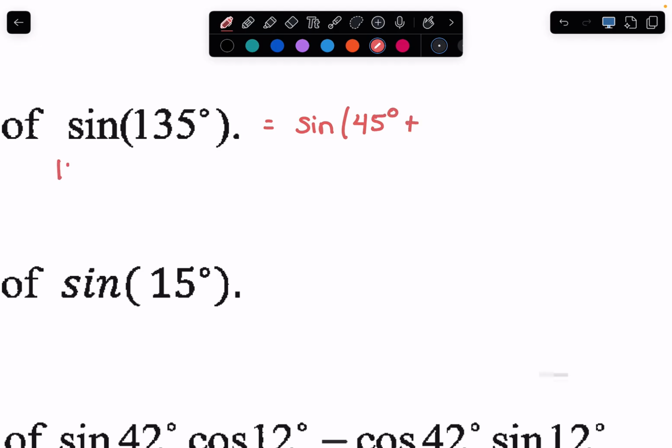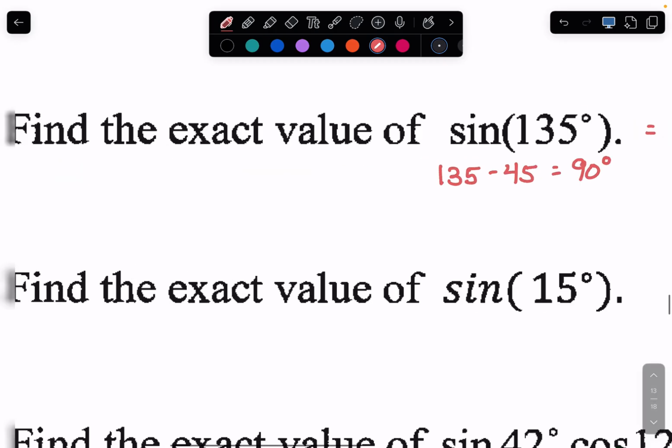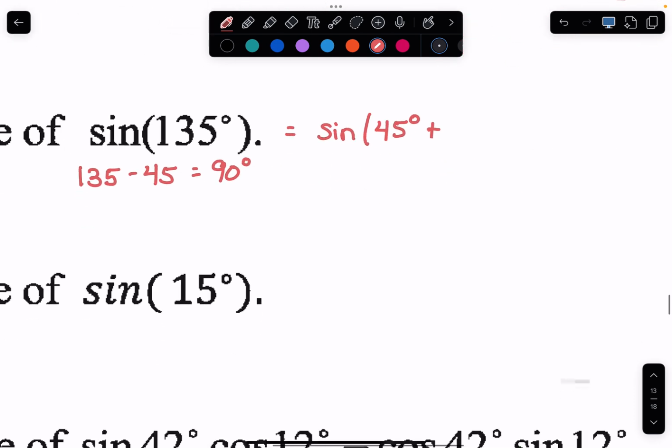So 135 minus 45 gives us 90. So that's 45 plus 90, it's A plus B.